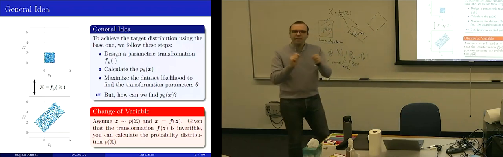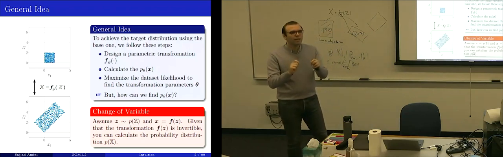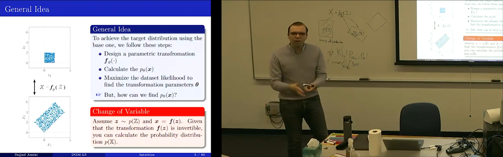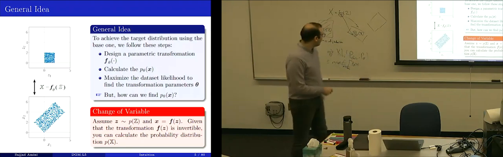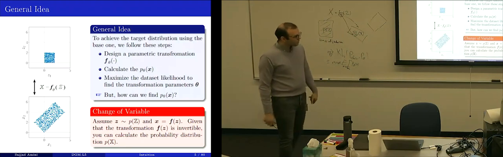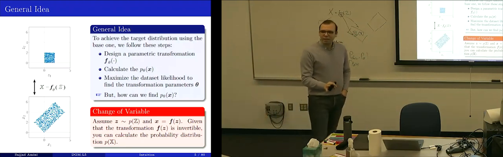So I change the theta so that my data set has the highest probability. This is the total procedure or concept. Now we talk about everything, including how to calculate p theta of x. Is the concept clear? Okay.